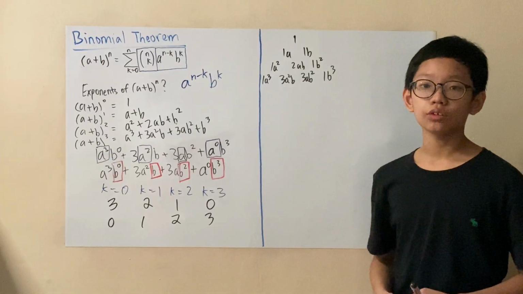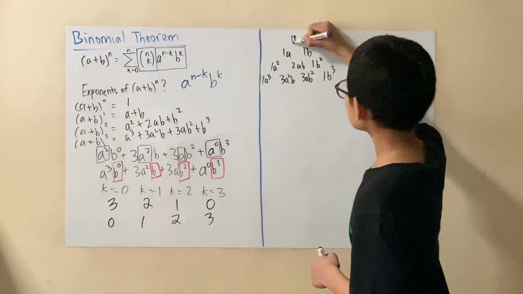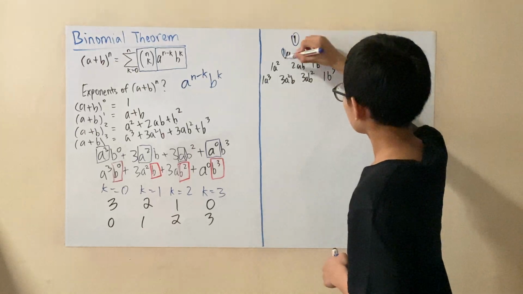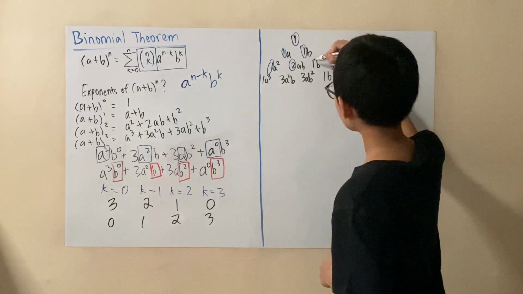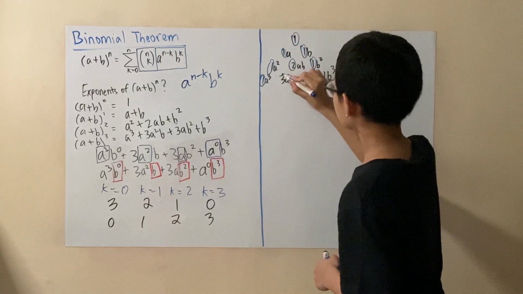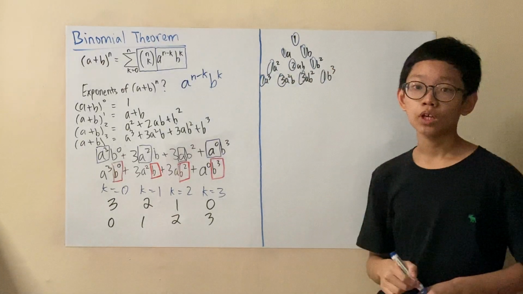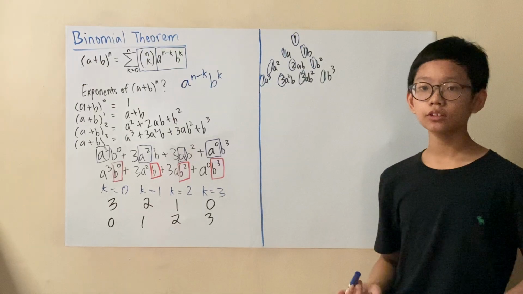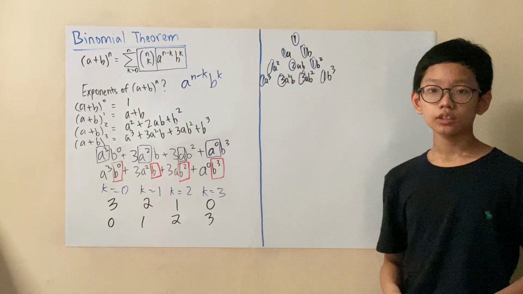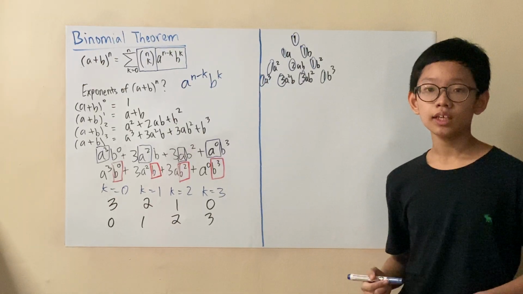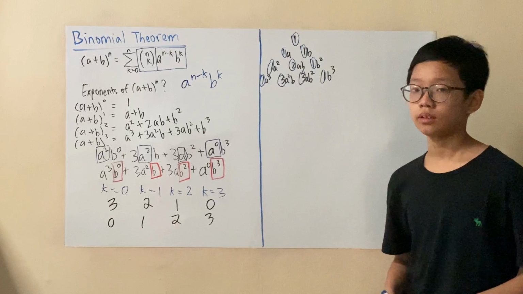The next thing you can notice is, if I circle all the coefficients, it forms a special kind of pyramid known as Pascal's triangle. But how do we use Pascal's triangle to find the coefficients? Let me rewrite Pascal's triangle in the form of n choose k.